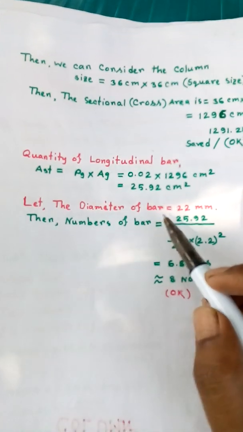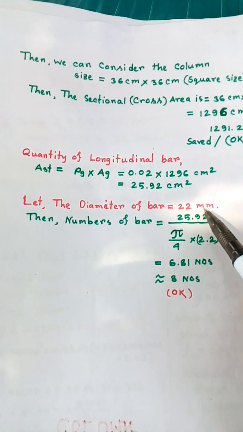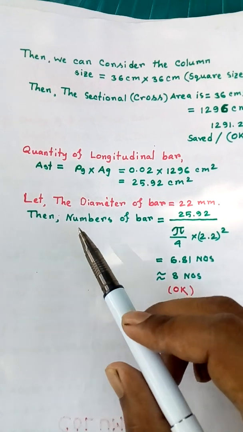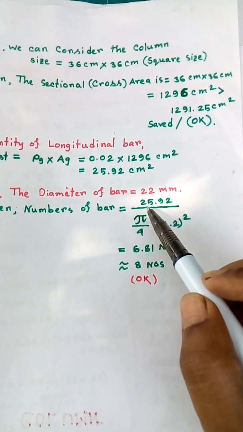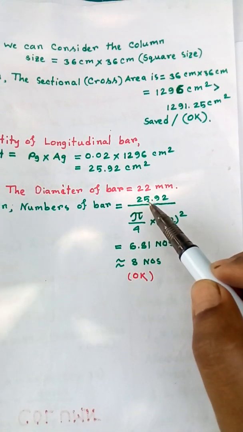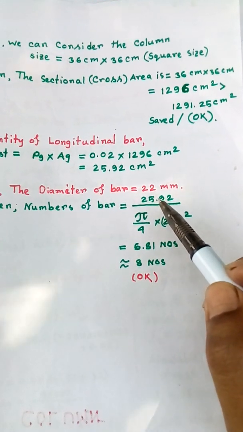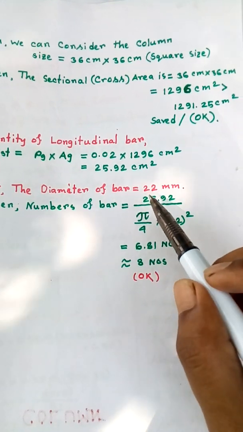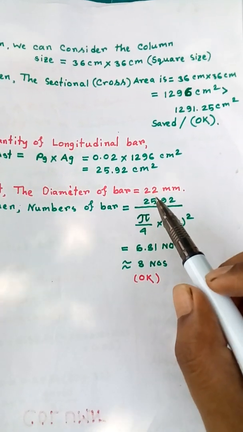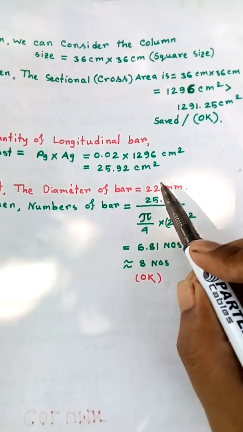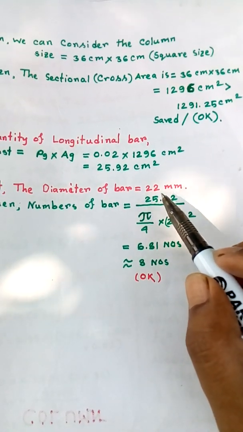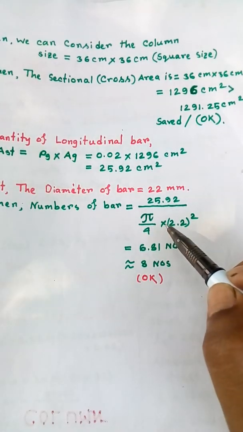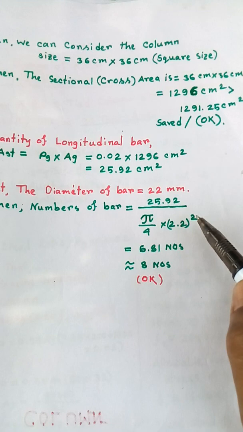Let the diameter of main bar be 22 mm dia. Then number of bars: total area 25.92 square centimeter, and the area of a 22 mm dia rebar is pi by 4 into 2.2 whole square.